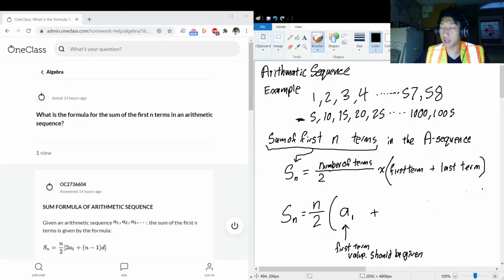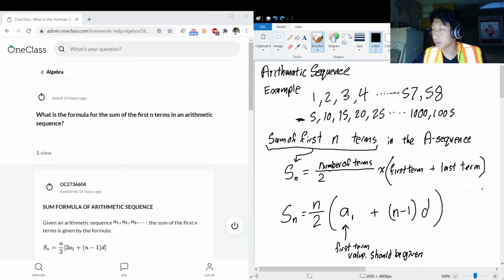Okay, so to calculate our last term, it will just be the first term plus n minus 1 multiplied by d, n being the number of terms that we're taking in analysis. Oh, it should be like 2 times first term. I think it should be 2 times first term.